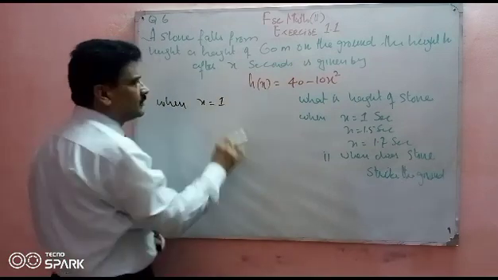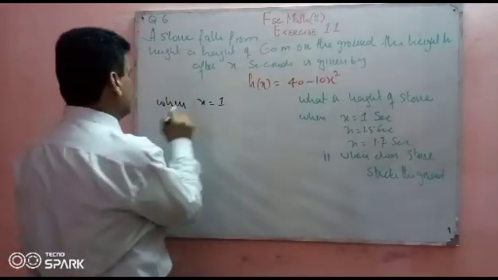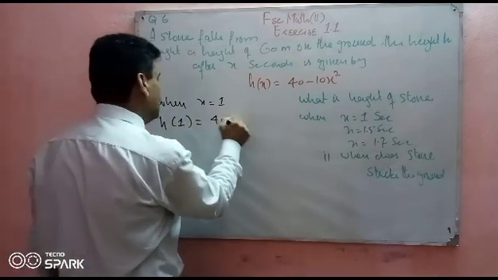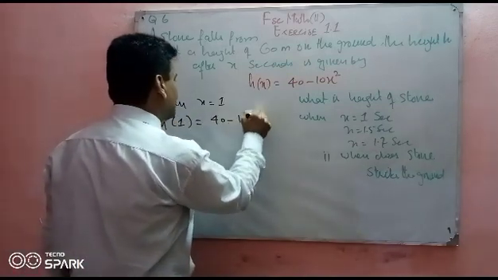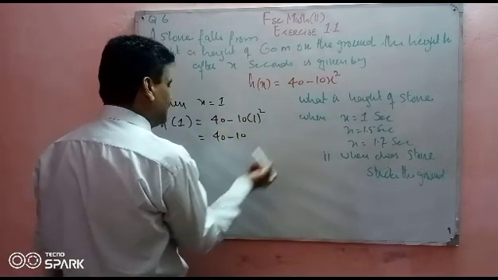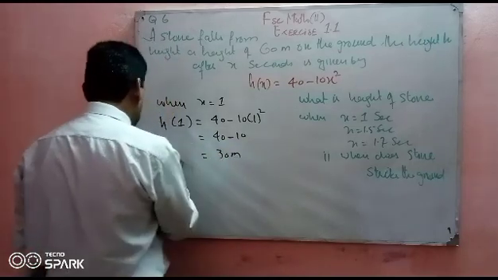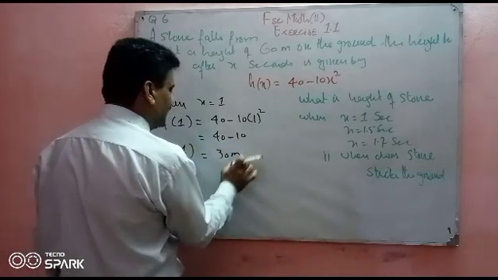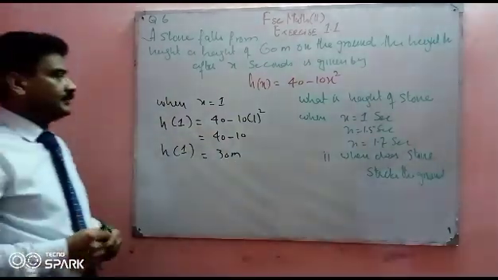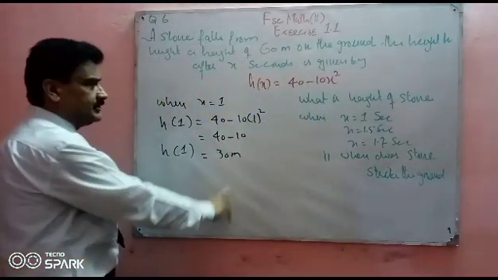When x is equal to 1, h(1) = 40 - 10 multiplied by 1², which is 40 - 10, that means 30 meters. So after 1 second the stone is at a height of 30 meters.